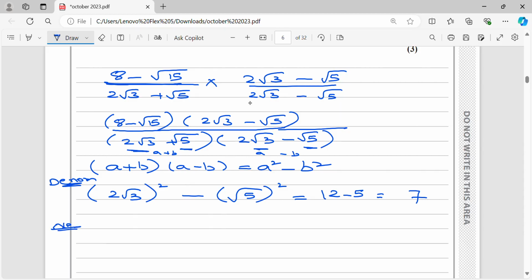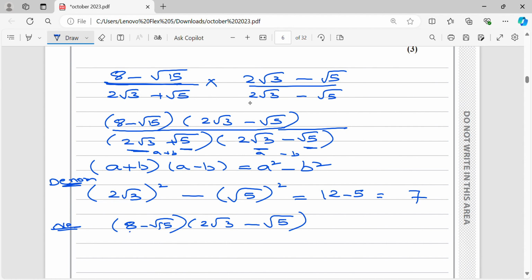For the numerator, I have a double bracket here, so let me rewrite it: 8 minus root 15 times 2 root 3 minus root 5.